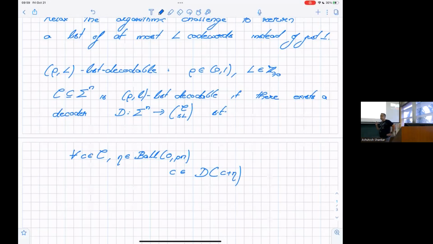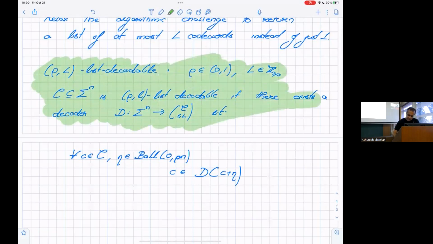It outputs a list, and the list is guaranteed that if this code word was obtained by making no more than rho n errors to the code word, then the list that the decoder outputs should contain it. This is what we would want from a list decoding procedure.